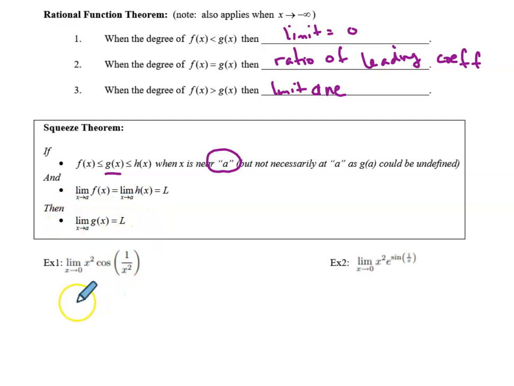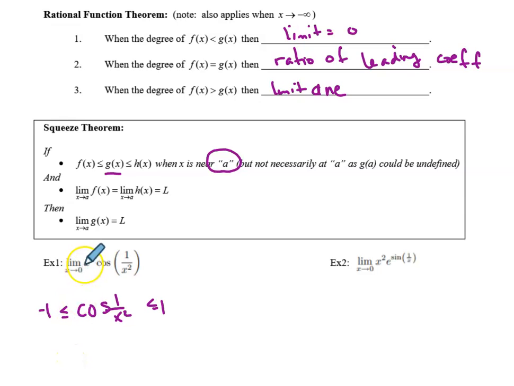And let me show you how this works. So we don't know what the limit of x squared cosine of 1 over x squared is. But I do know that cosine of 1 over x squared has to be less than or equal to 1 and greater than or equal to negative 1, because I know that the range of a cosine function is from negative 1 to 1.